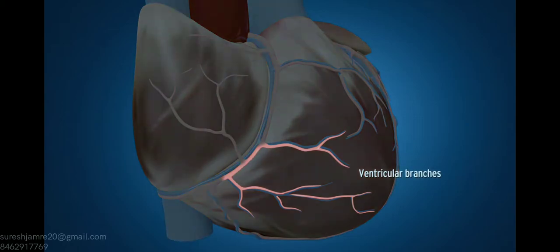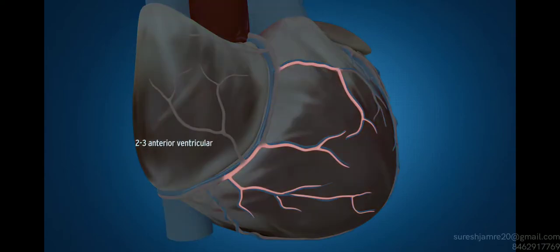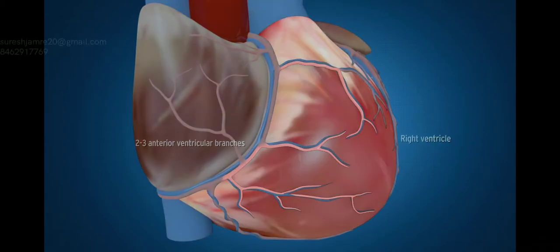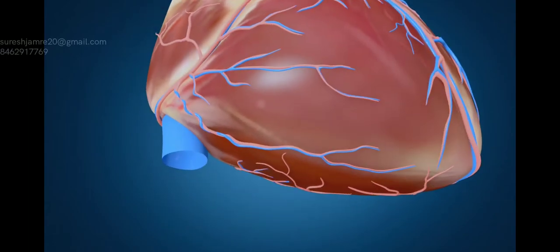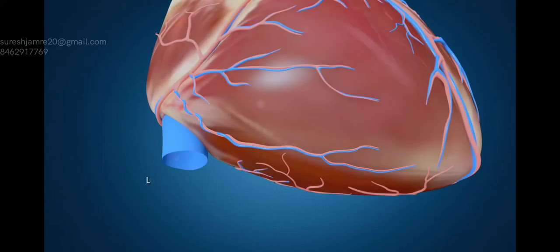Ventricular branches. These are arranged in anterior and posterior groups. 2 to 3 anterior ventricular branches are present and supply the anterior surface of the right ventricle. Right marginal artery. It is considered as the longest ventricular ramus.